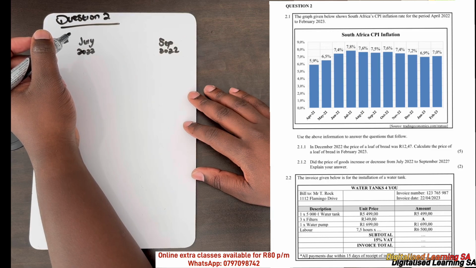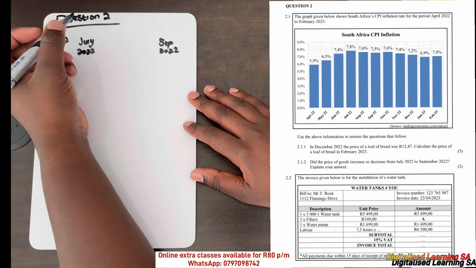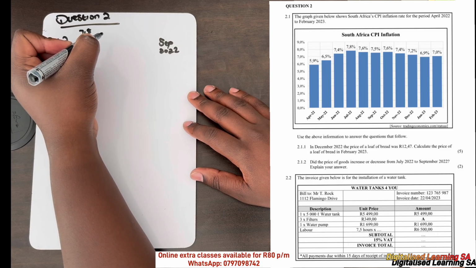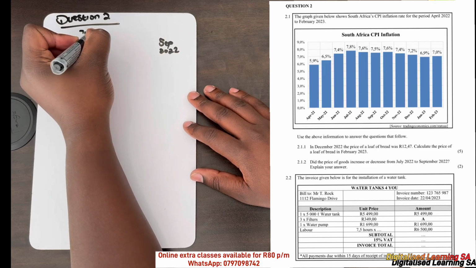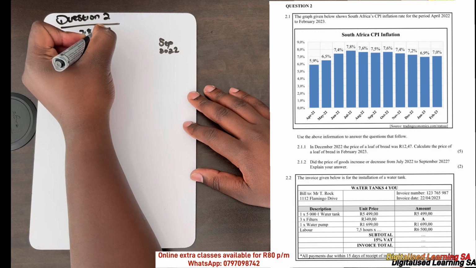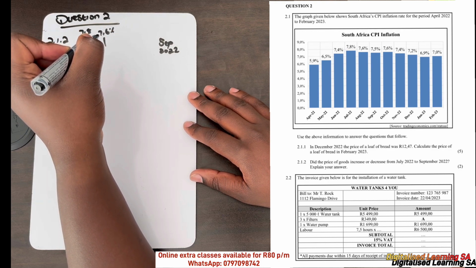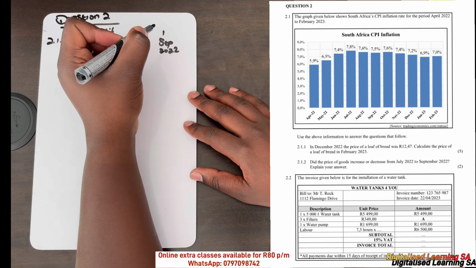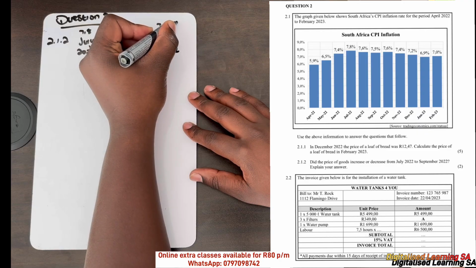We can see that in July the percentage was 7.8, in August the percentage was 7.6%, and in September the percentage was 7.5%.